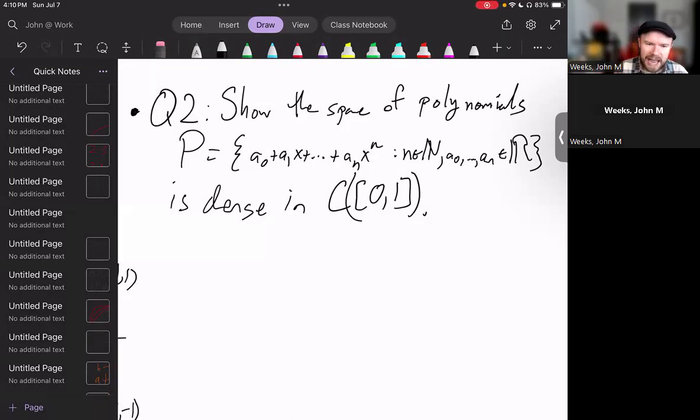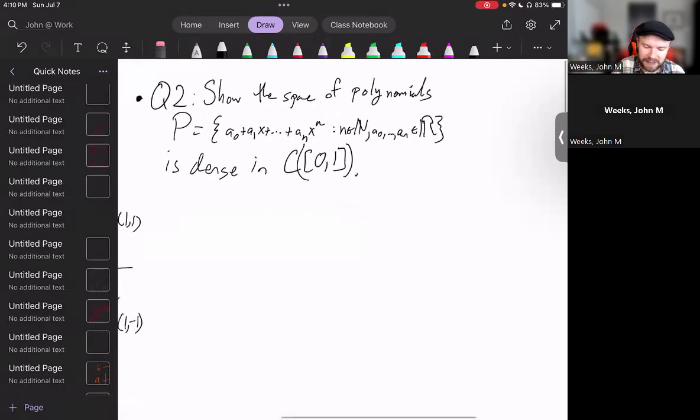So now, taking a look at question 2, we have a space which we want to show is dense, which we know means that this particular set kind of weaves its way through the entire set. It doesn't have to be a small or finite set; it weaves its way through, so that anytime you're considering an open ball inside of that set, then you know for a fact you're going to be able to find a polynomial in there, which is something wild to think about for the space of functions.